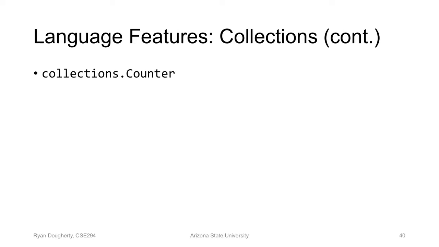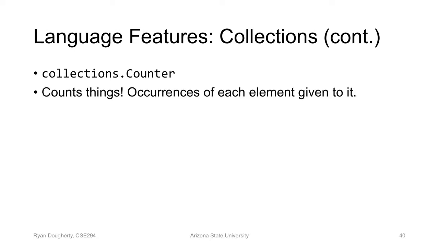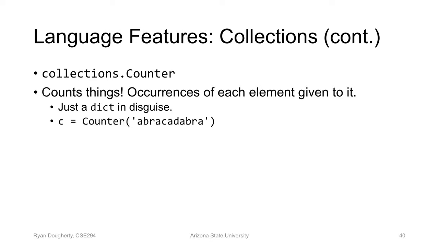Another one is Counter. So that was basically the example that we did, but it's an actual class that you just pass in a particular sequence to, and it'll do the counting for you. So yeah, obviously it counts things, and it counts the occurrences of each element within the sequence that you give it. So obviously it's just a dict in disguise. So here I can call the Counter constructor and pass in the sequence.